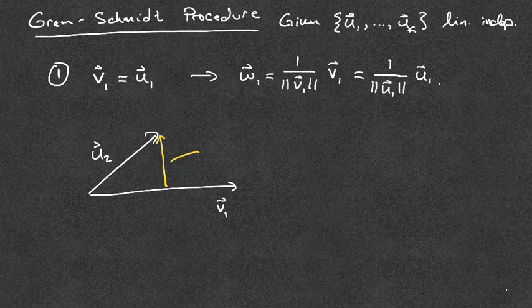And so this vector is going to be our new vector v sub 2. And so what we then have is that our v sub 2 is going to be the difference of our u sub 2 minus that projection of u2 onto v1.